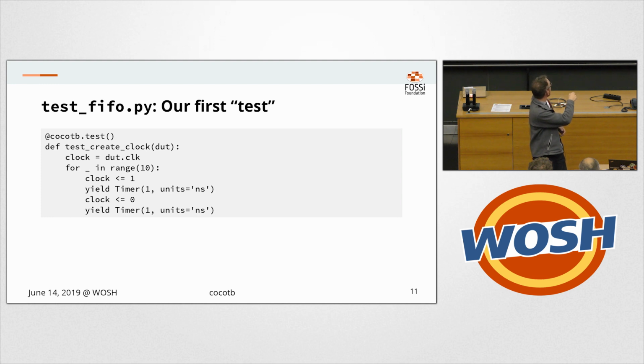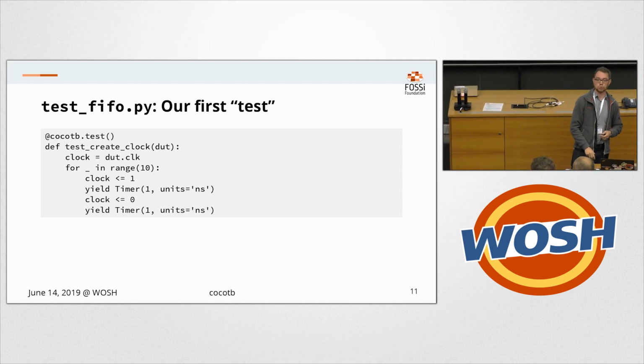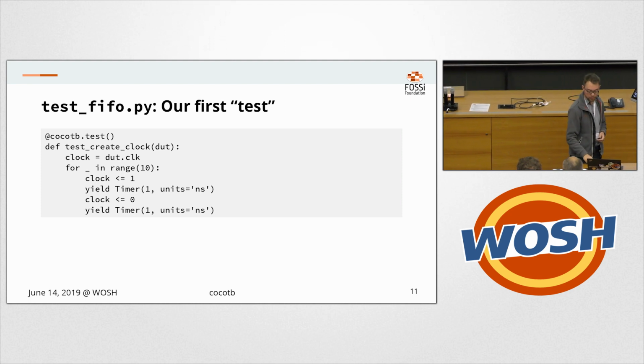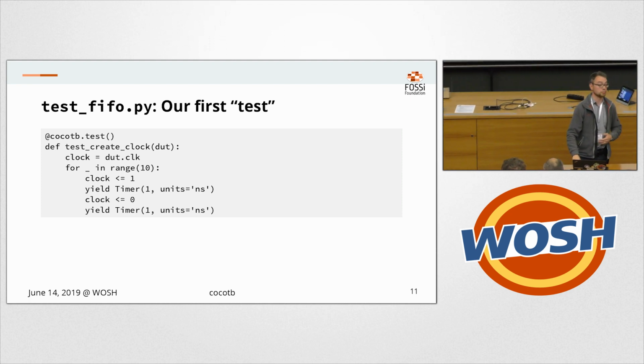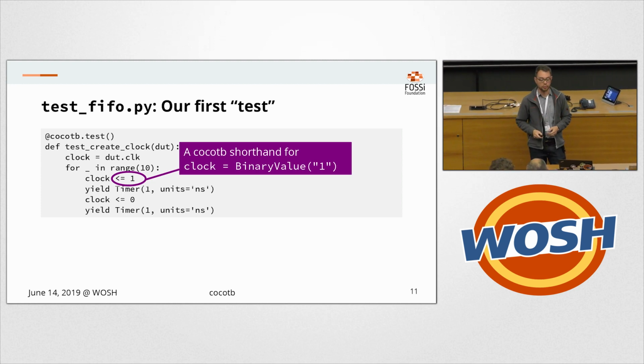Now let's generate a clock. We set this clock signal to 1. We wait for 1 nanosecond. We set it to 0, and wait for a nanosecond again. So we get a 2 nanosecond clock there. Now you might be wondering, the <= looks like hardware, but it doesn't look like Python. That's the first addition that Cocotb makes, as part of the Cocotb library.